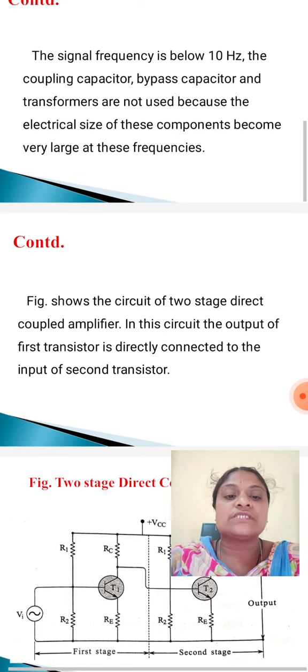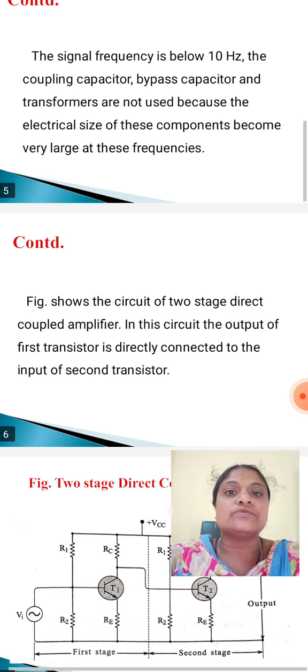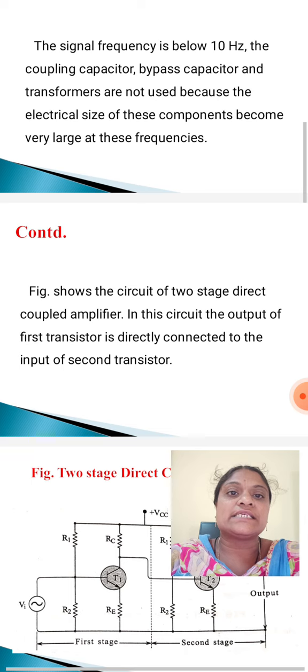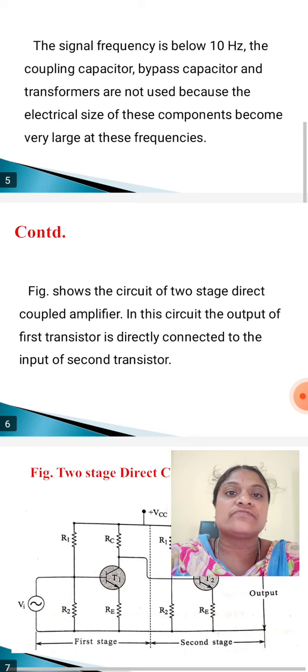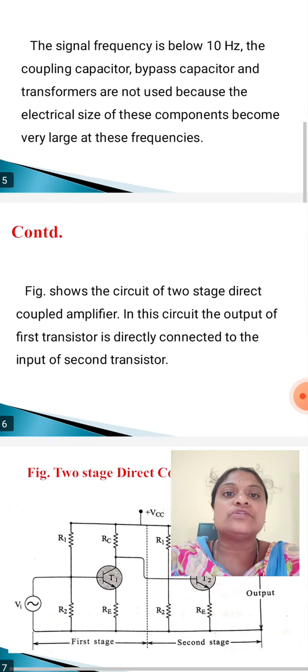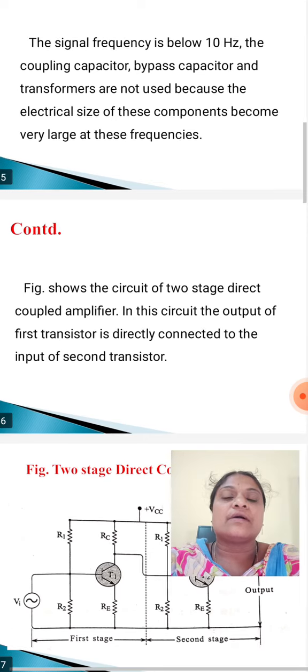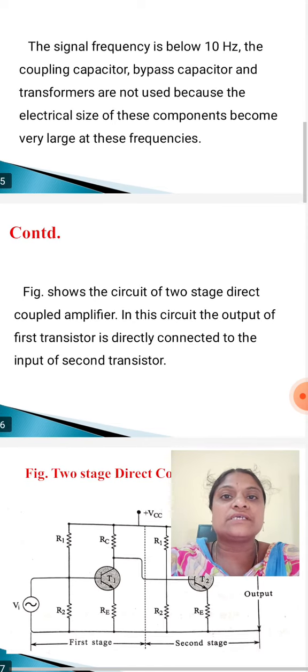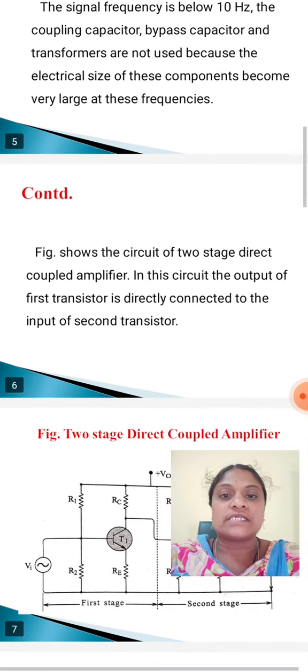The coupling capacitor, bypass capacitor and transformers are not used because the electrical size of these components becomes very large at these frequencies. So there is no use of coupling capacitors, bypass capacitors and transformers here.